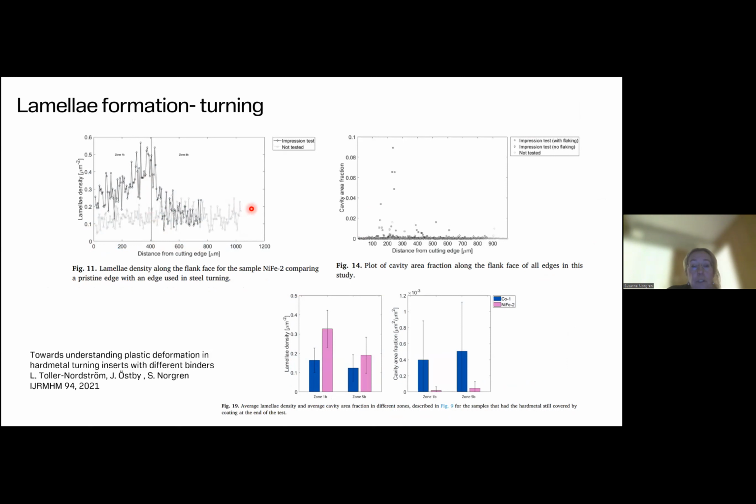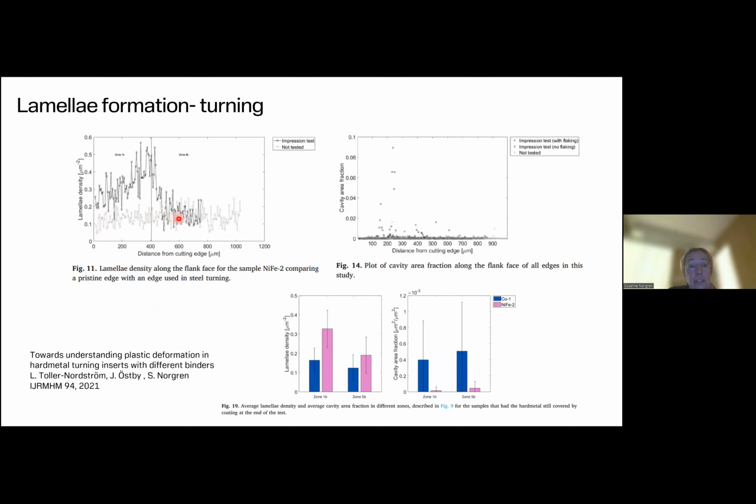If we then wanted to know whether this lamella formation is just a coincidence or is it really true, then we did investigations of the lamella density. Here in this graph, you can see the distance along the edge from the previous slide.